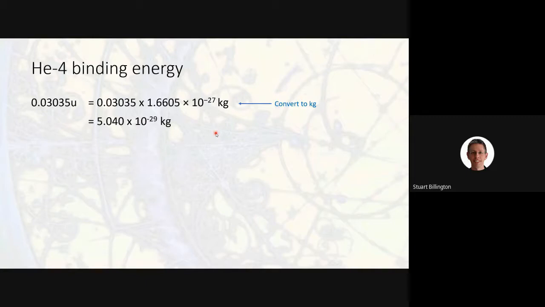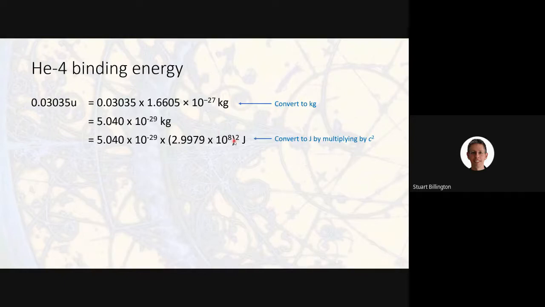And then, as Einstein says, that number of kilograms is completely the same as a number of joules. So how many joules? Well, to convert kilograms into joules, Einstein says that we just need to multiply by the speed of light squared.